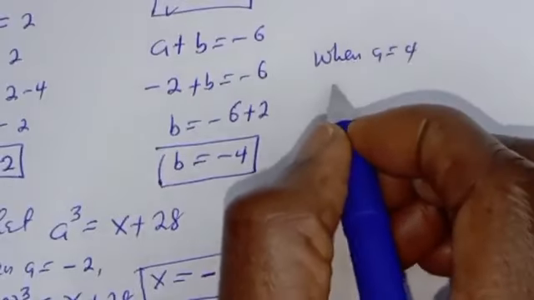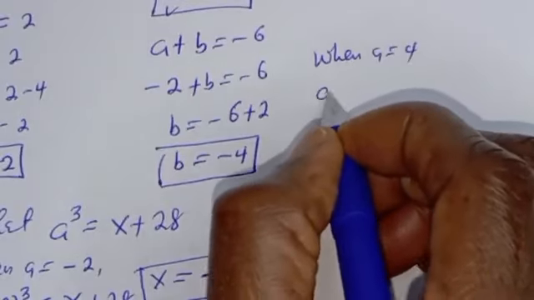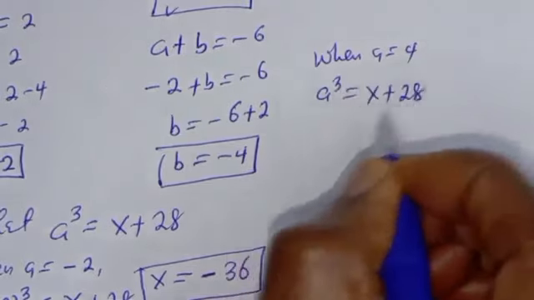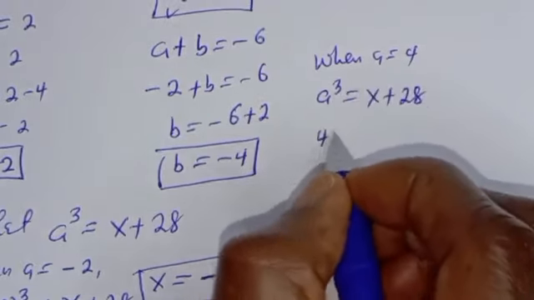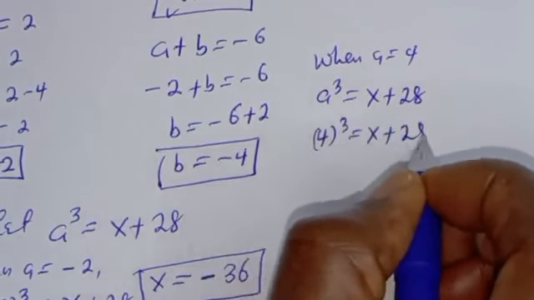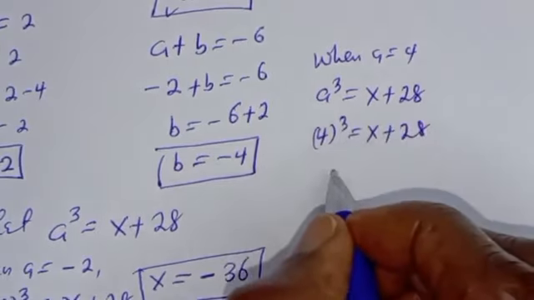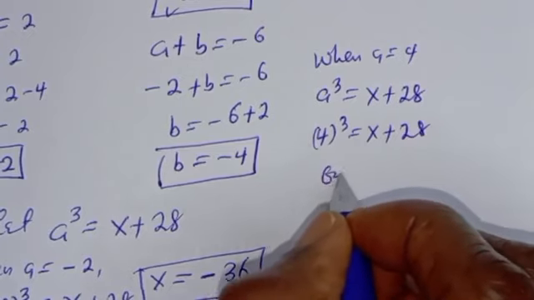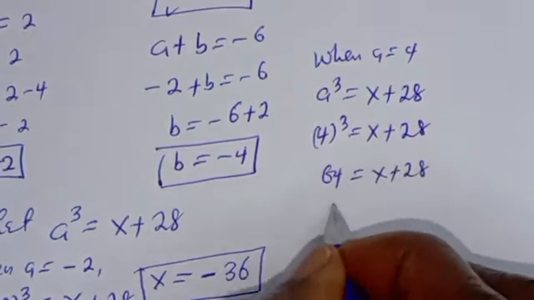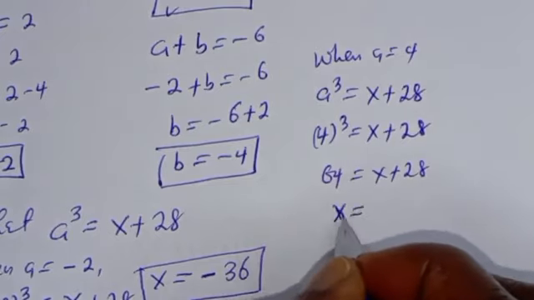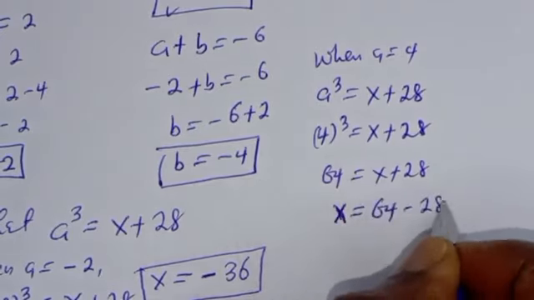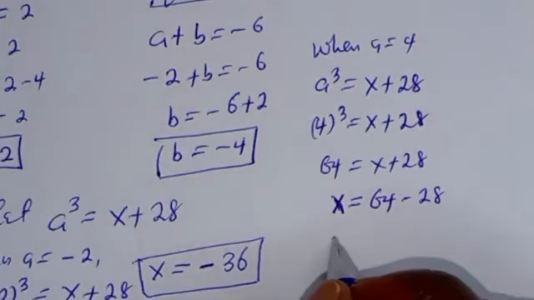When a is equal to 4, we have a raised to power 3 is equal to s plus 28. Then 4 raised to power 3, which is 64, is equal to s plus 28. S is equal to 64 minus 28.